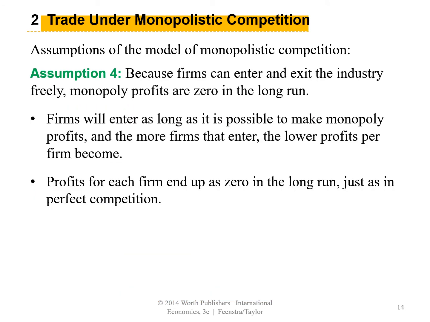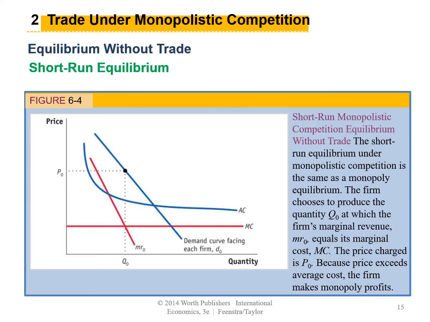So there is competition in this model, but the competition is not from the firm producing a different variety from you. The competition comes from the potential for another firm to enter the industry and produce what you are doing. So in the short run, a firm producing a differentiated product faces this diagram.